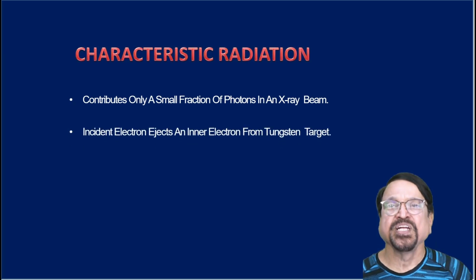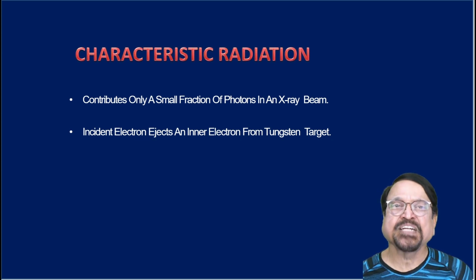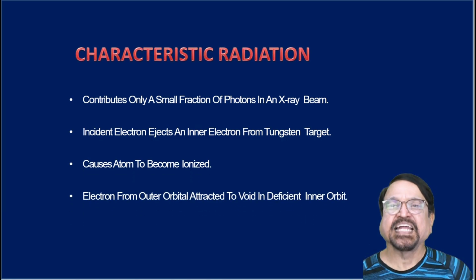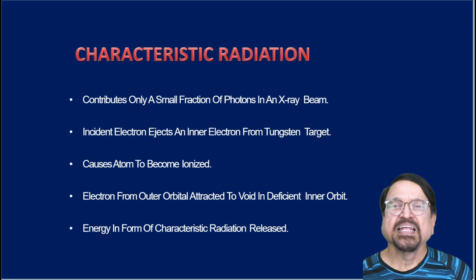It contributes only a small fragment of photons in the X-ray beam. They are not much. The incident electron ejects an inner electron from the tungsten target. It causes the atom to become ionized. Then an electron from the outer orbit is attracted to fill the void. There will be a deficiency because once the inner electron goes off, that will be filled.